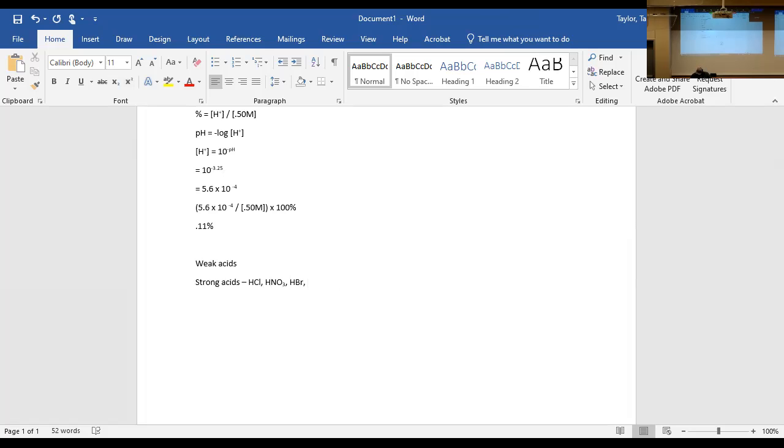Sulfuric acid, H2SO4. Perchloric acid, HClO4.